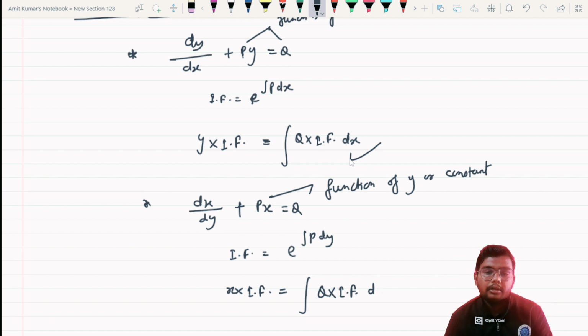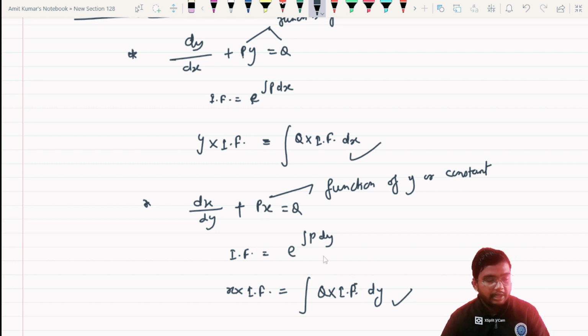Here we had written dx, but now you will write dy. Why? Because here p and q are functions of y, or constants, and here you have been given dy. So you will be integrating with respect to y. So these are the two types.